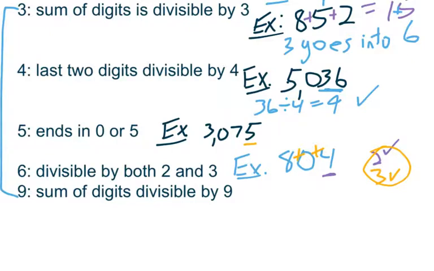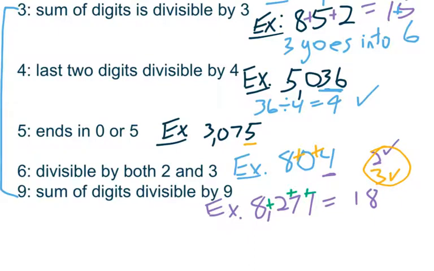Well, let's do an example with 9. 8,271. If we just add those digits, 8 plus 2 is 10, plus 7 is 17, plus the 1 is 18. And will 9 go into 18?